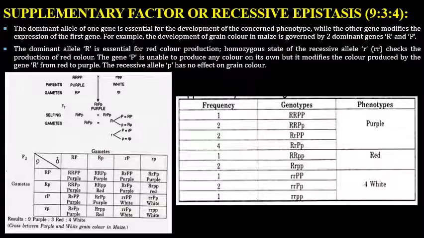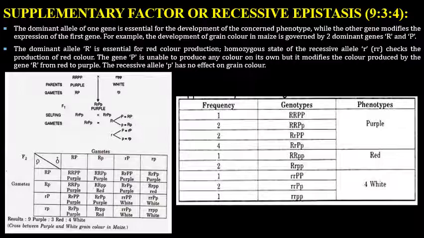The dominant allele capital R is essential for red color production. The homozygous state of the recessive allele, small r, checks the production of red color.